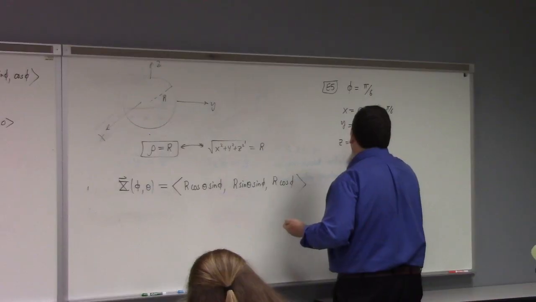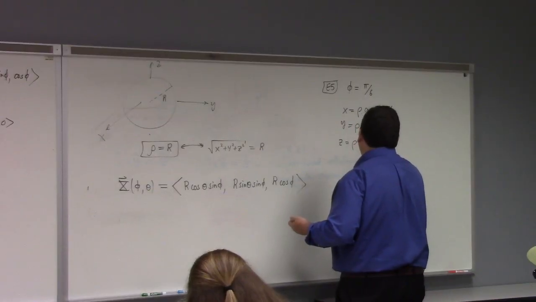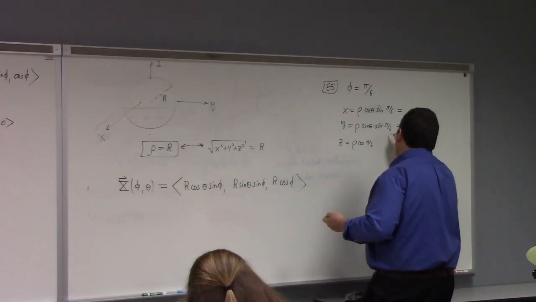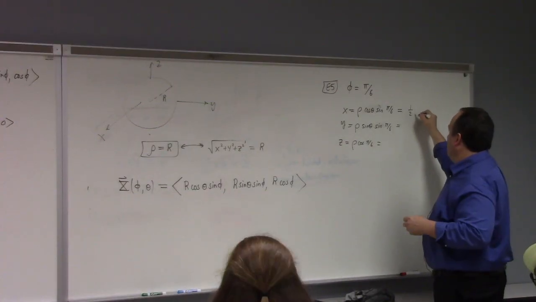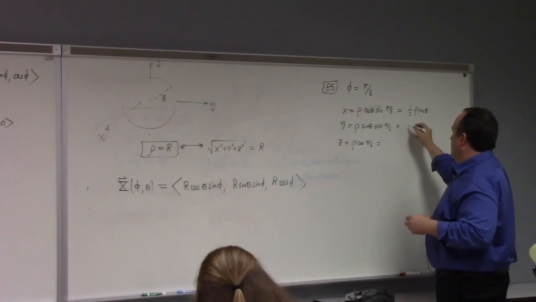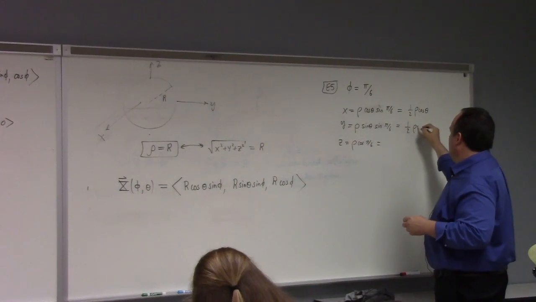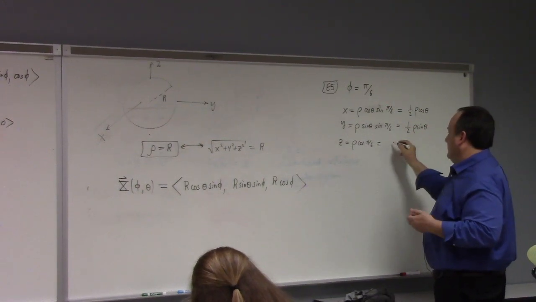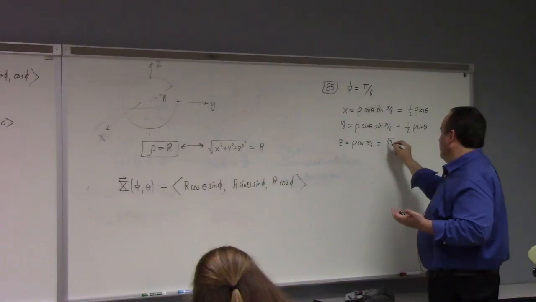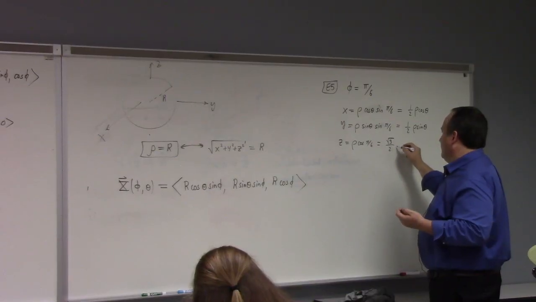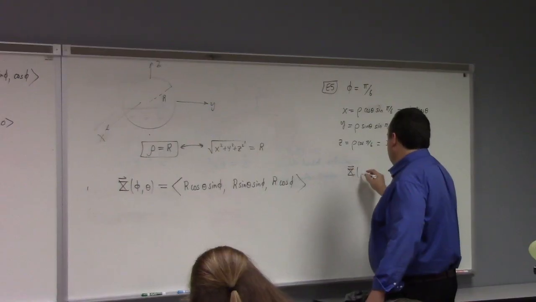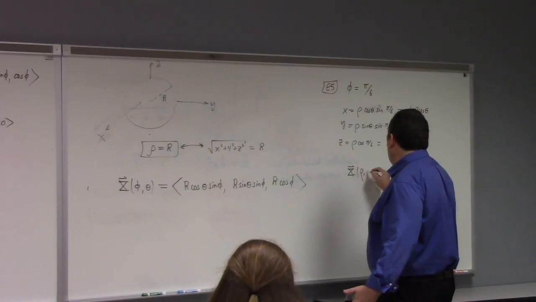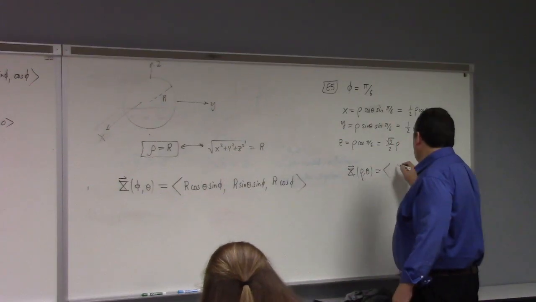Z is equal to rho cosine of pi over 6. Of course, we don't need our calculator. We know these, so you've got one half rho cosine theta, one half rho sine theta, and finally root 3 over 2 rho.